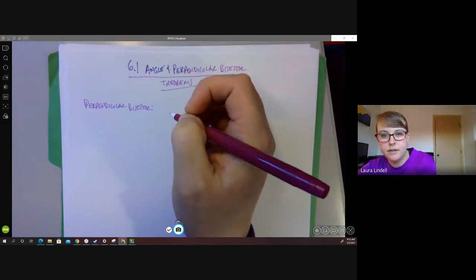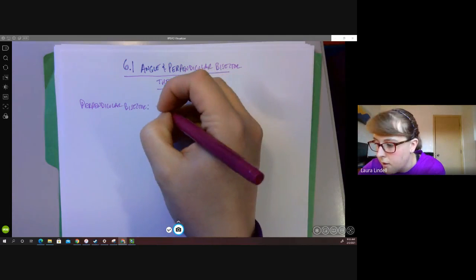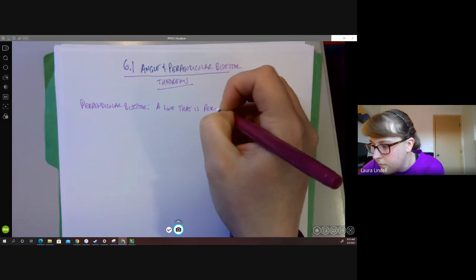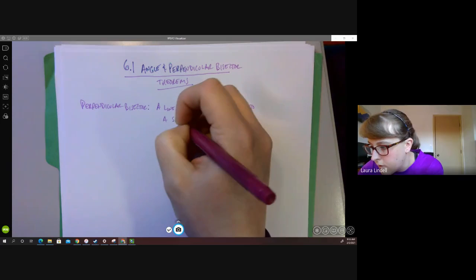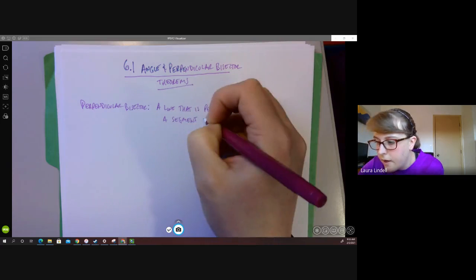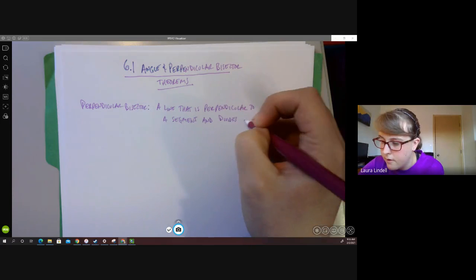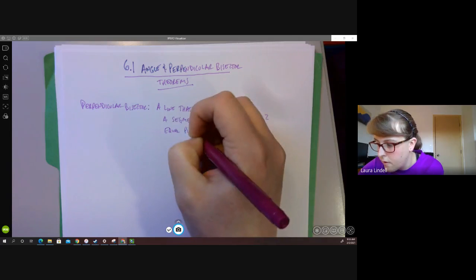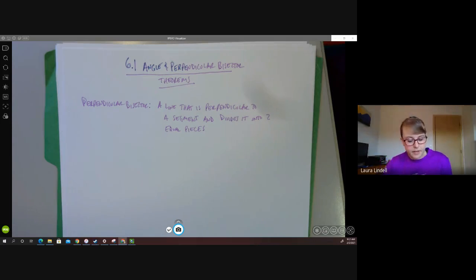A perpendicular bisector is a segment or a line that is perpendicular to a segment and divides it into two equal pieces.